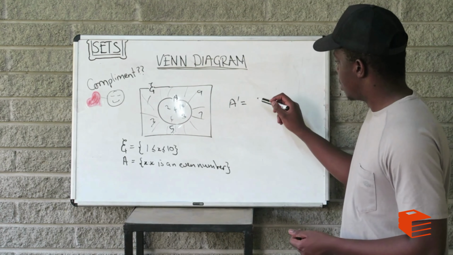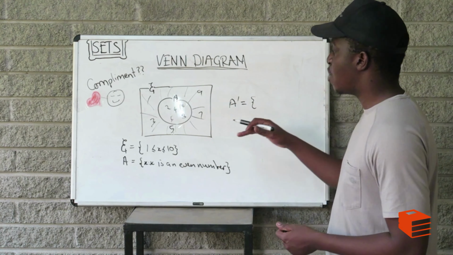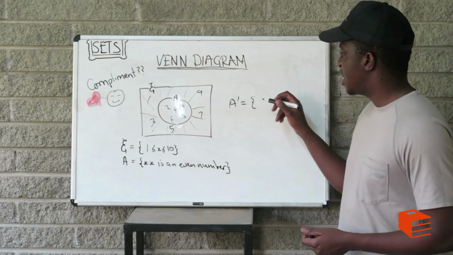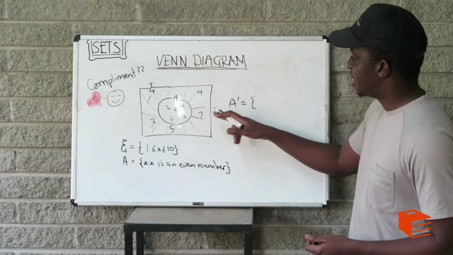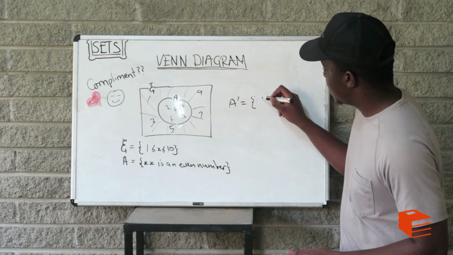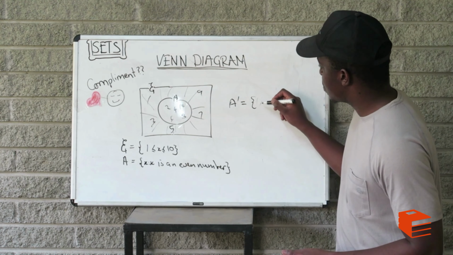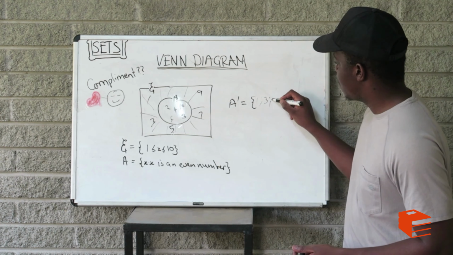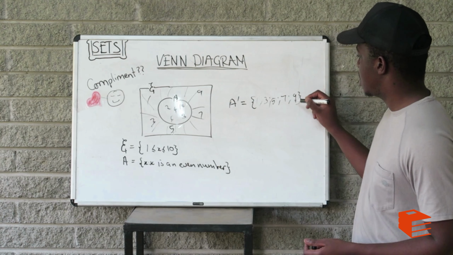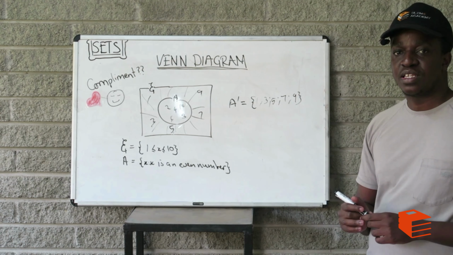So if I'm now writing the elements that belong to the set A complement, I'm going to write things that are in the universal set and not particularly in A. So I'm going to write 1, 3, 5, 7, and 9. All right. That's how it's done.